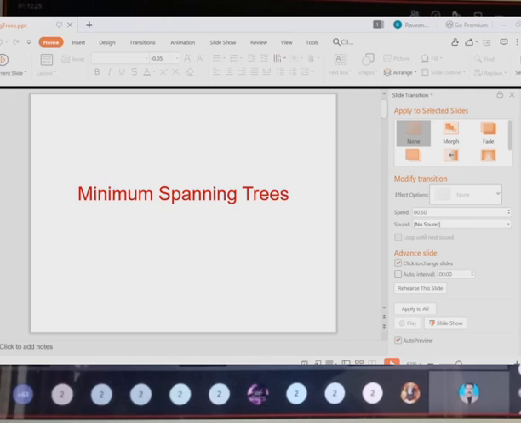Now, as I already said, for the edges in a minimum spanning tree or a spanning tree, the formula is number of vertices minus 1. For example, if there are 5 vertices, we'll have 4 edges in the spanning tree.